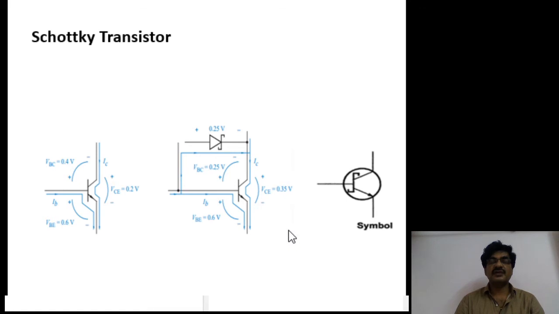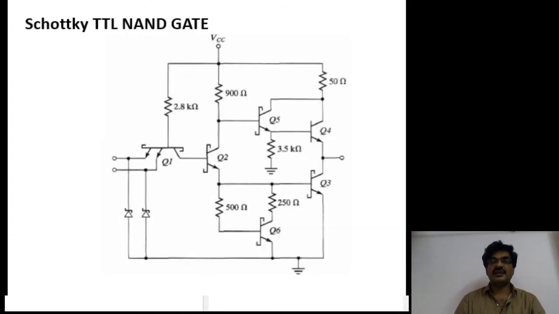That's why the Schottky transistor may not enter into deep saturation, so the storage time is less. It almost acts between cutoff and active, almost saturation, so the storage time is very less. So you can improve the speed of the TTL devices.